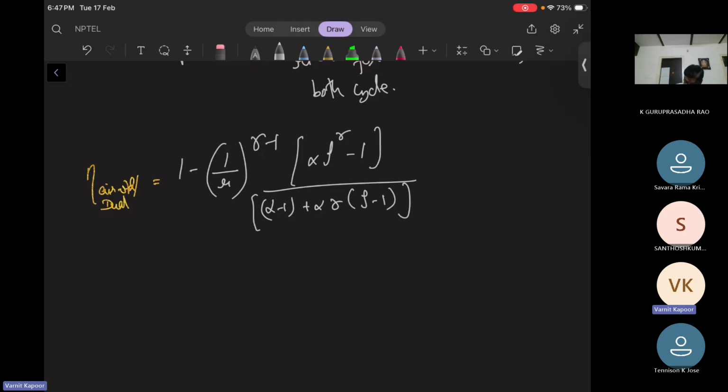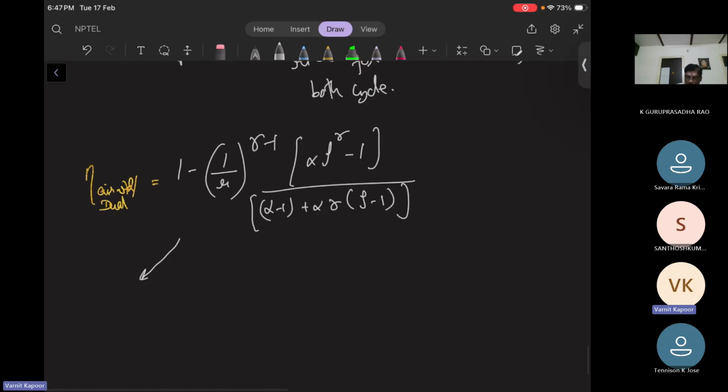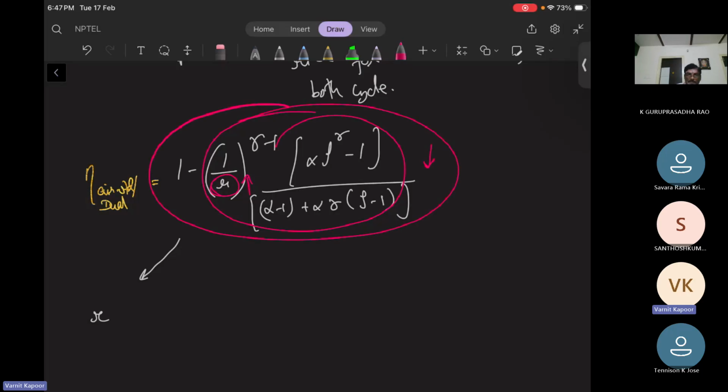If you see here, it is dependent on the term r. If r, the compression ratio, increases, the whole term decreases. Since it's a subtraction, 1 minus a smaller value means the efficiency will eventually increase.